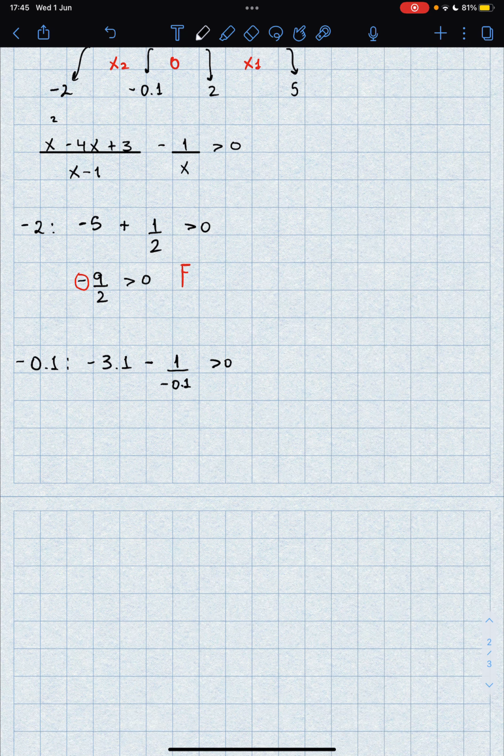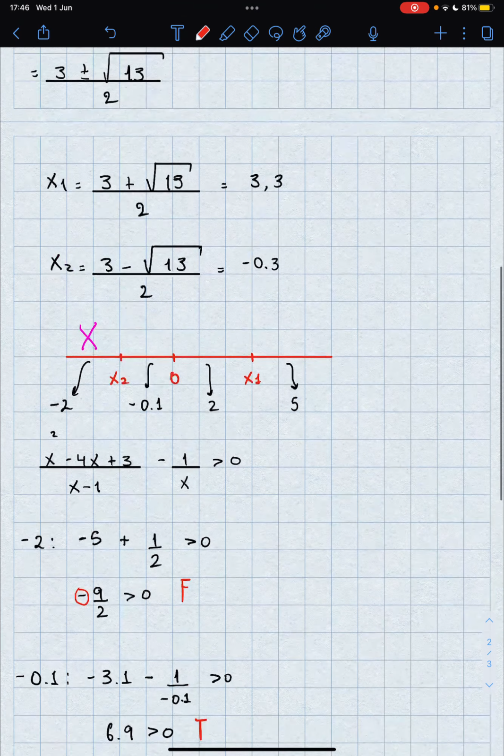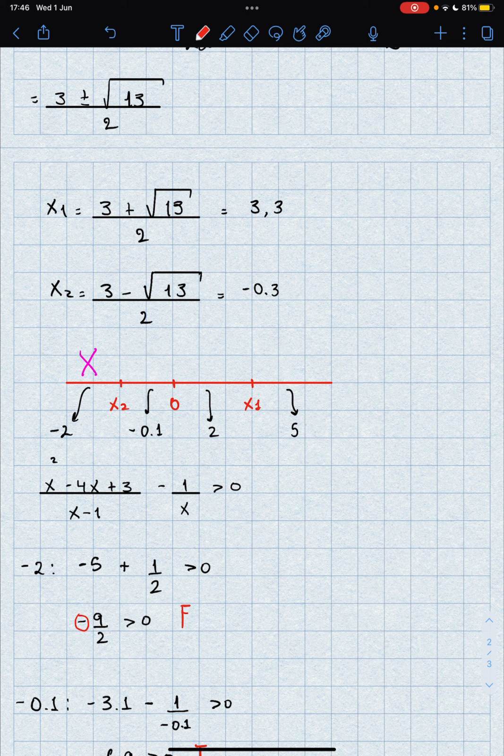So here we're gonna have 6.9 is greater than 0. Yes, sir. This is true. So here we mark it and we say, yeah, it's good.